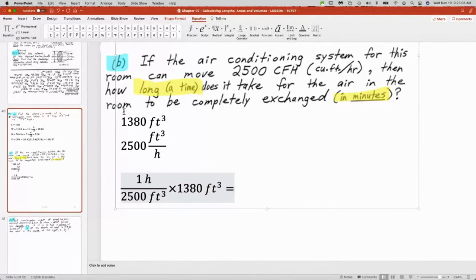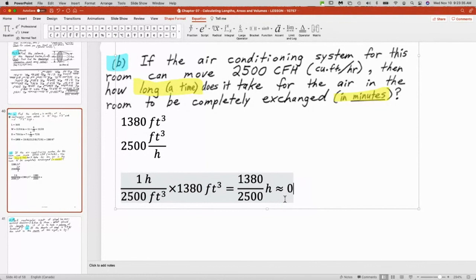You can also just divide the two numbers if you feel confident that when you divide these things, whatever way you do it, just make sure you do the calculation in a way that the feet cubed have to cancel and the hours have to survive. So in this case, we would do 1380 divided by 2500 hours, which is approximately whatever Nicholas said there, 0.552.